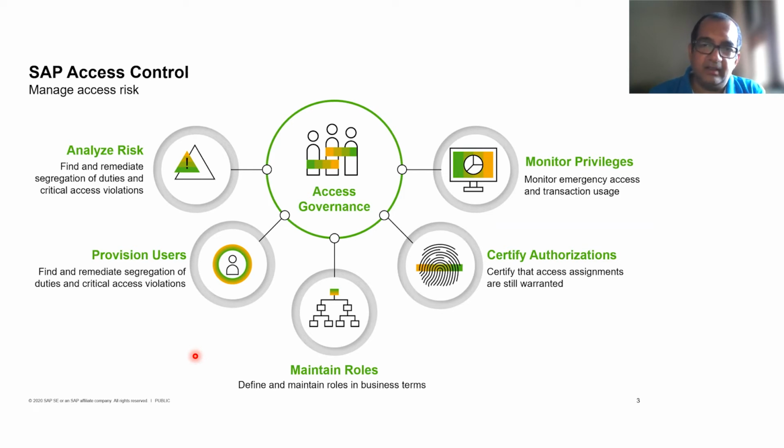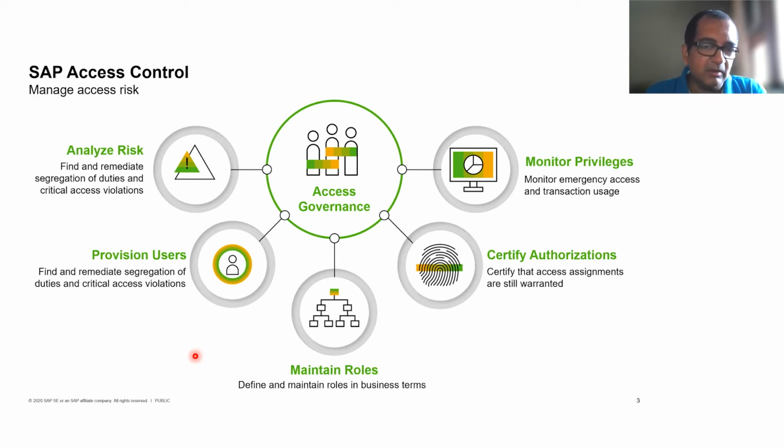And if there have to be any kind of mitigation rules attached, we can do that as well. And then the system automatically takes care of doing the backend provisioning to your core systems as well. So there is no manual intervention. We don't want you to just log into SU01, for example, and do these authorizations and role granting on a manual basis. That is all taken care of by the system itself. That's the second set of capabilities.